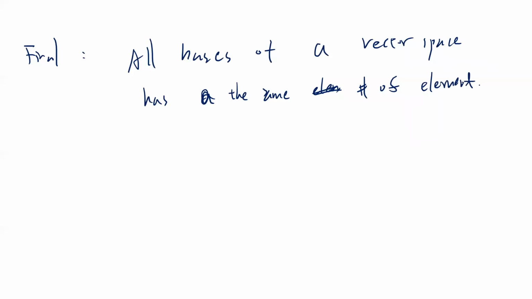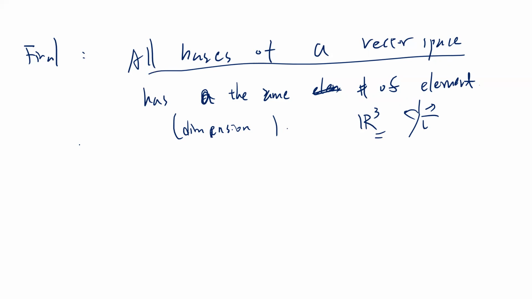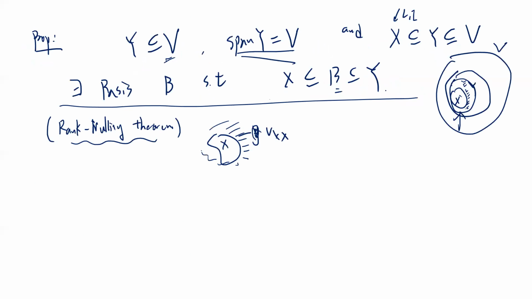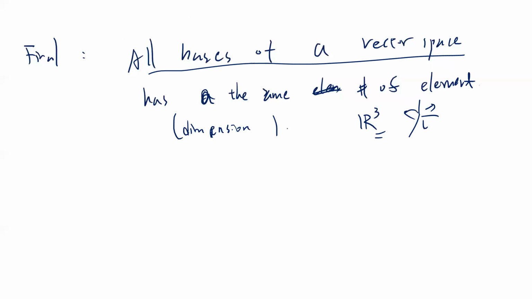So this tells you that the dimension is an invariant quantity of the vector space. So let's say if you have 3 dimensions, then you always need 3 vectors, 3 basis elements, right? This is somehow intuitively trivial, but actually you need Zorn's lemma and this kind of previous abstract idea, then you can prove it.